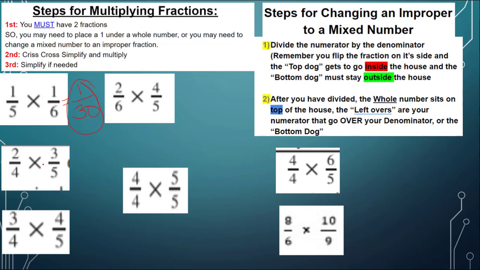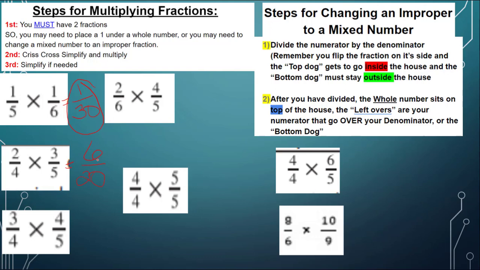Okay, let's look at our next one. We already have two fractions. So let's see if we can crisscross simplify. Okay, we can't, so we can go ahead and multiply. 2 times 3 is 6. 4 times 5 is 20. Okay, so third step, let's see if we need to simplify.